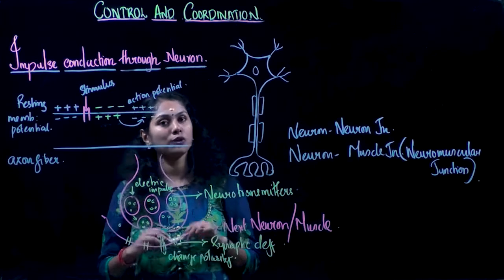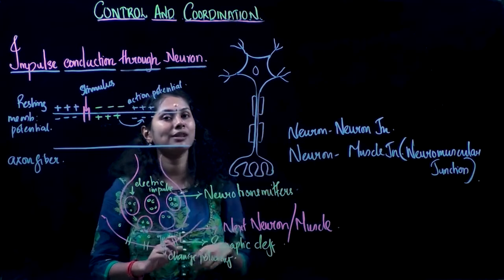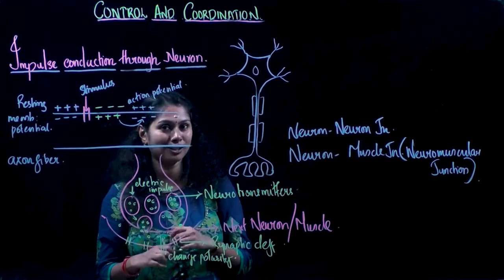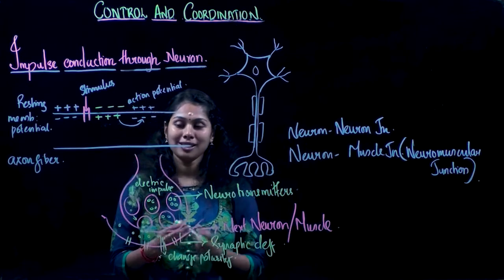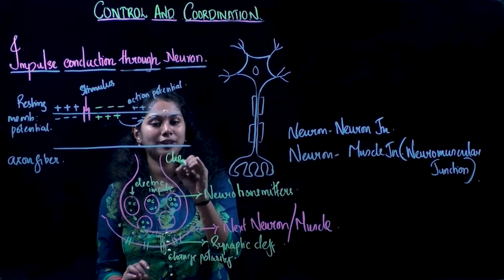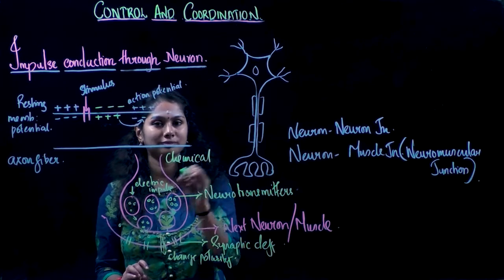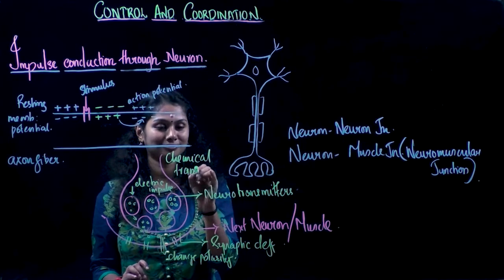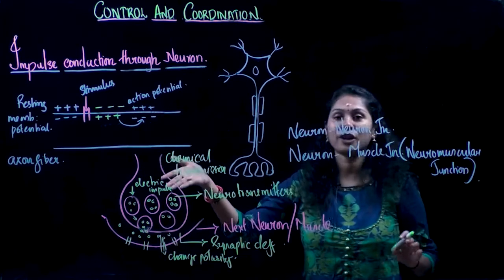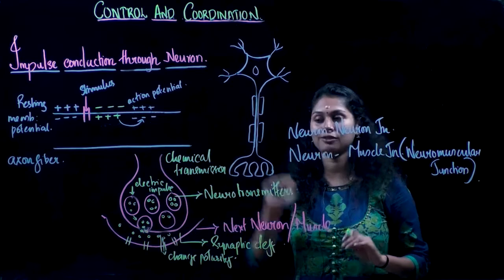So this is how usually a nerve impulse is conducted at the end of an axon fiber, at a synaptic cleft. This type of impulse transmission is called chemical transmission.